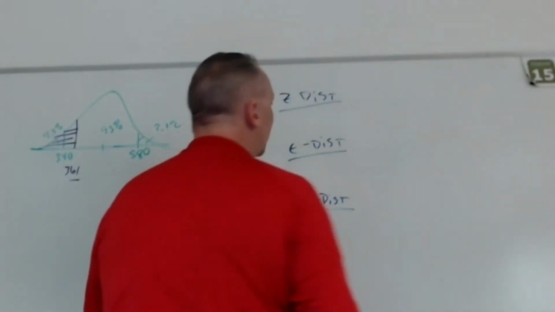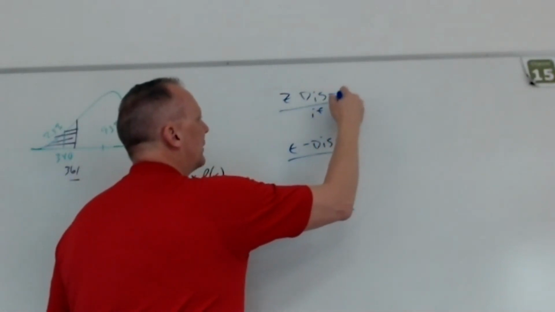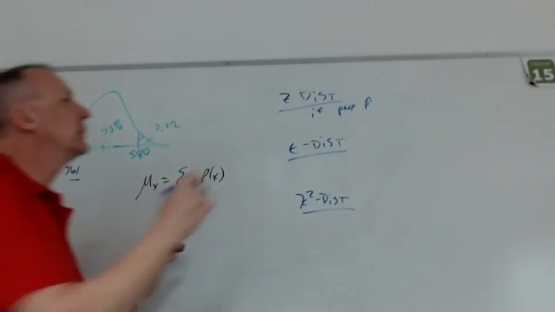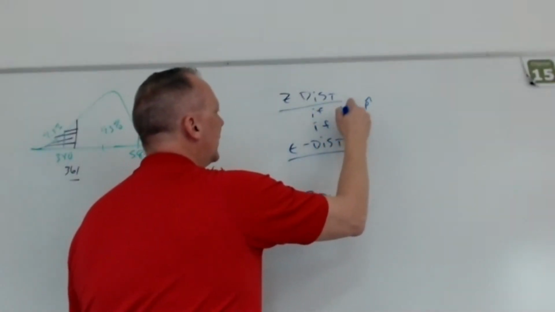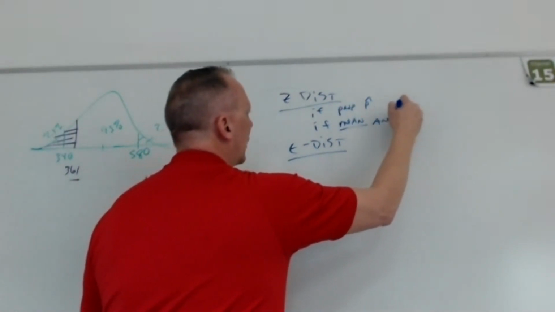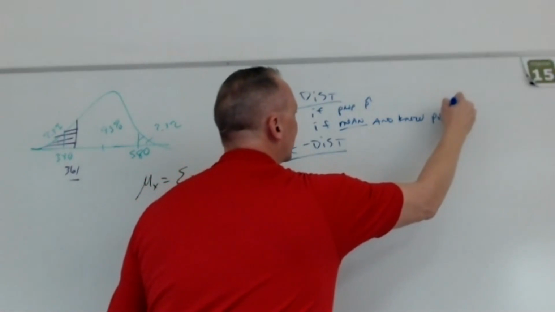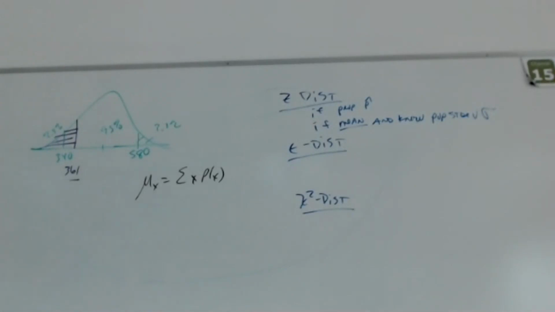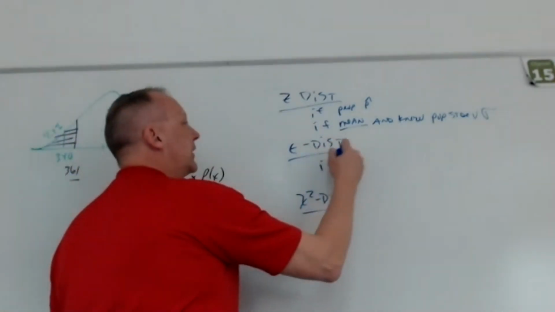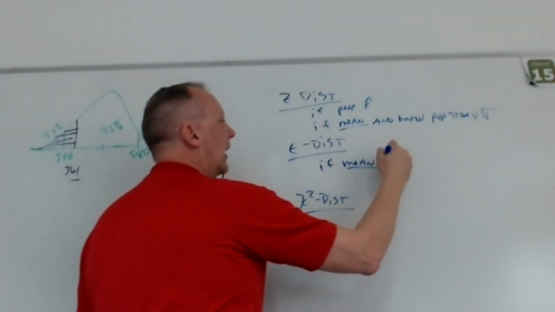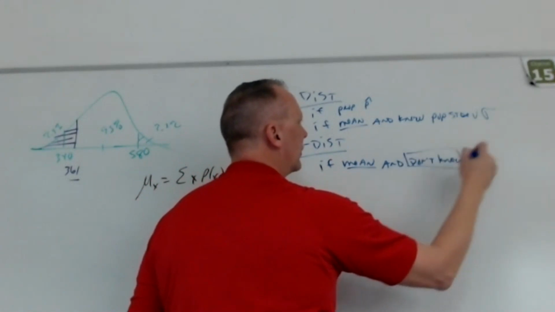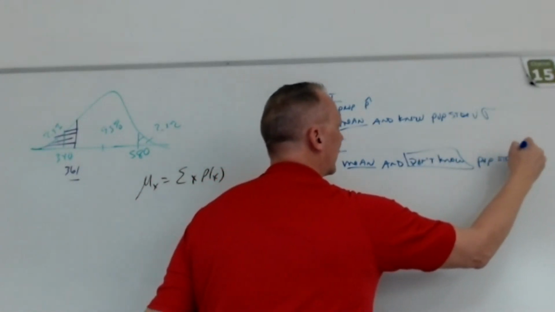Okay, so you'll use the z distribution if you're doing a proportion, such as p hat. Or you'll use the z distribution if it's a mean and you know the population standard deviation, sigma. You're going to use the t distribution if it's a mean and you don't know the population standard deviation, sigma.